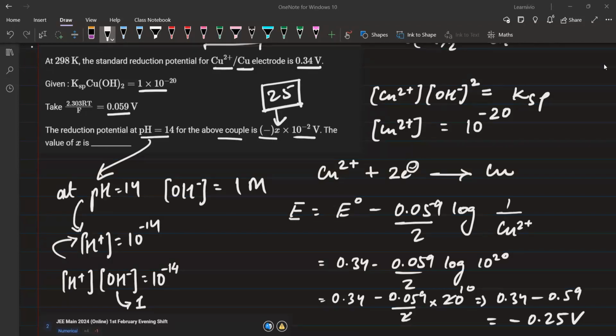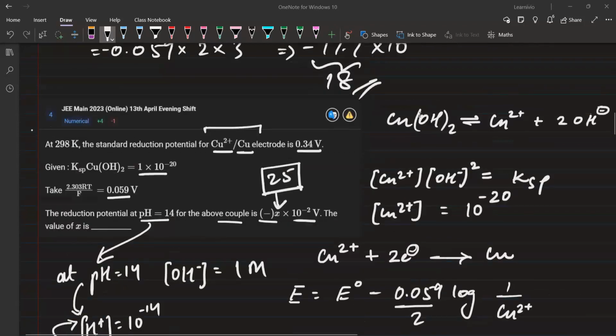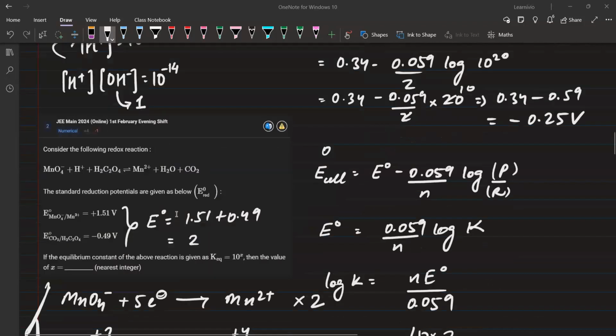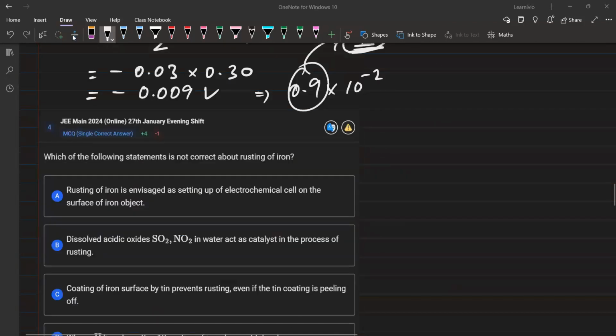Yes, certain. But we have done it already. Let's try this.